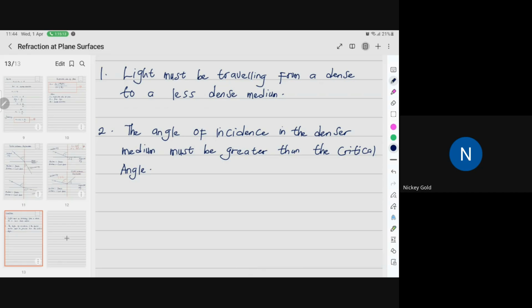All right, everyone. I hope that makes sense. So these are the key things you need to remember about your critical angle, right, and all of that.